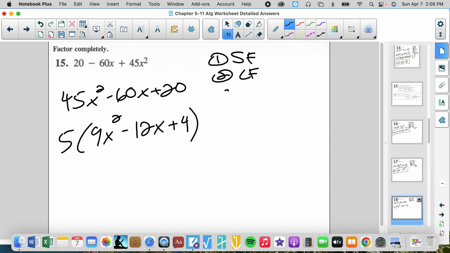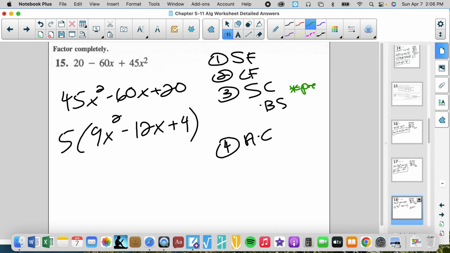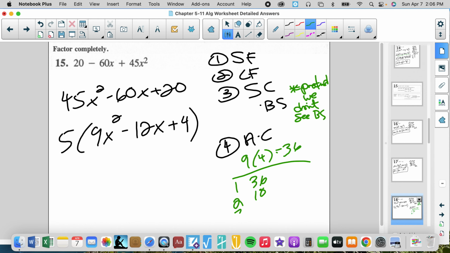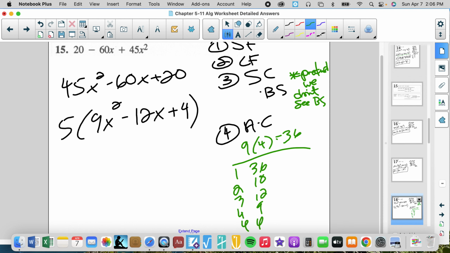So let's say that we don't see that it's a special case, that we don't see that it's a binomial square. Let's try a times c. Let's pretend we don't see binomial square. So we go to a times c. So we have 9 times 4, which is 36. Factors of 36 are 1 and 36, 2 and 18, 3 and 12, 4 and 9, 6 and 6.